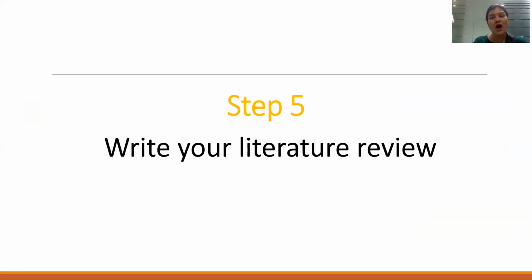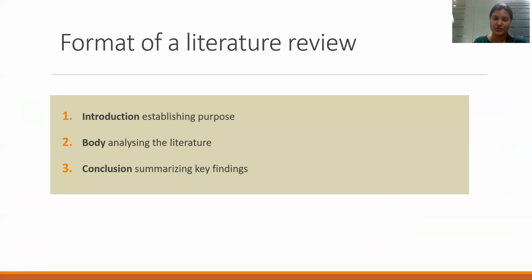Now coming on to how you should write your literature review. The format of a literature review is first introduction, followed by body, and then conclusion. Before all these things, there will be an abstract and the keywords. That is usually written after the entire literature review has been written.